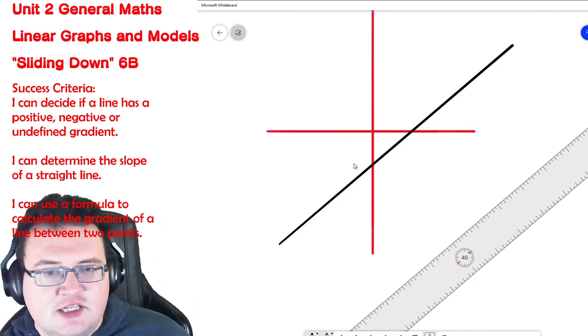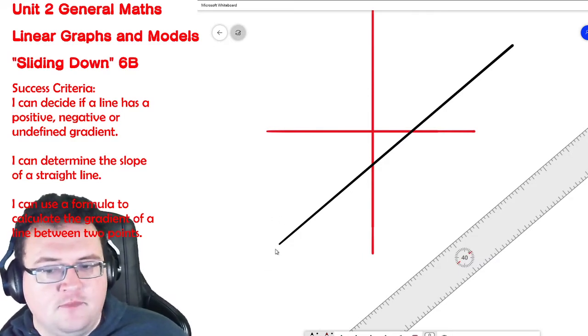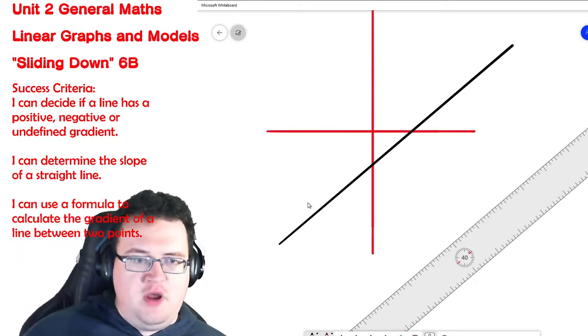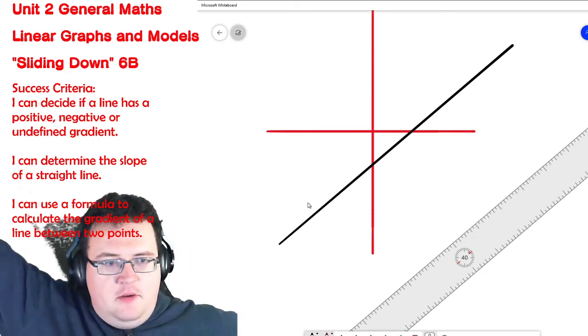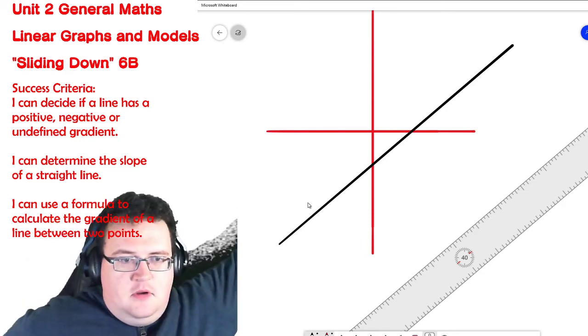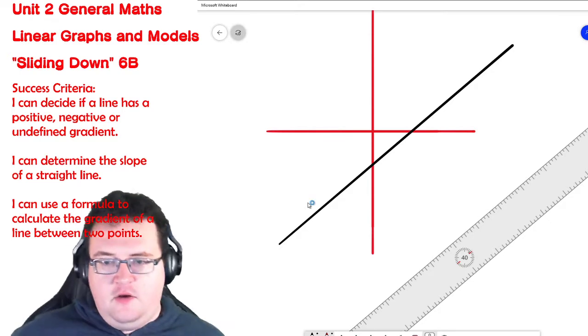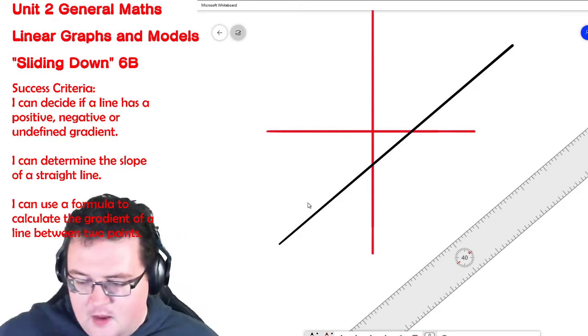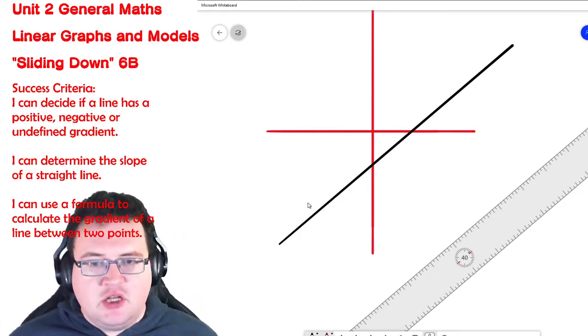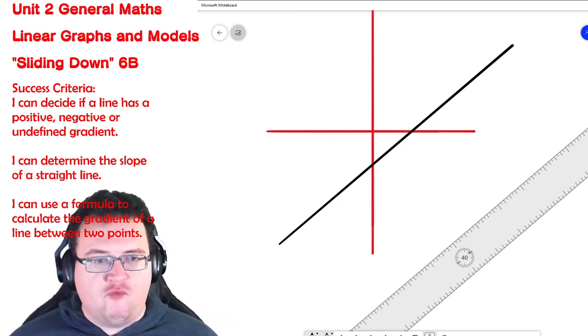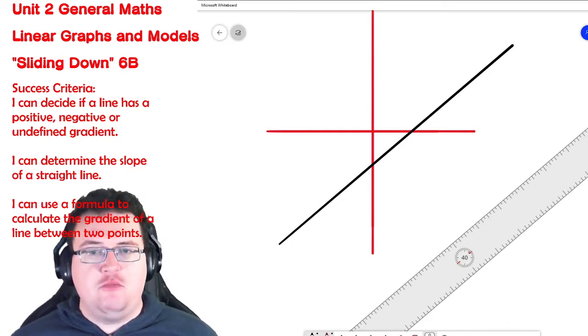It starts in quadrant 3 and goes across and up into quadrant 1. Now, obviously, it will go infinitely on in both directions. It is a positive gradient because as you move right, the graph is also moving up.